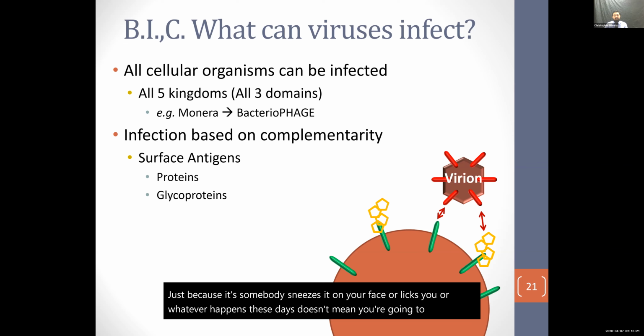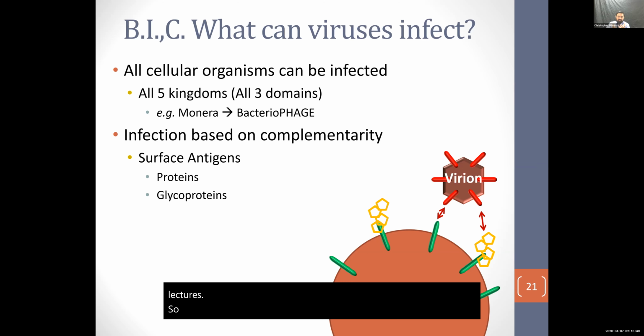For something to be considered an infection, not only does it have to land on you, it has to attach itself to you, and then it has to survive your defenses. That's the only way that an infection really works, and we'll talk about that during the immunology and epidemiology lectures. So just because somebody sneezes in your face doesn't mean you automatically get sick.